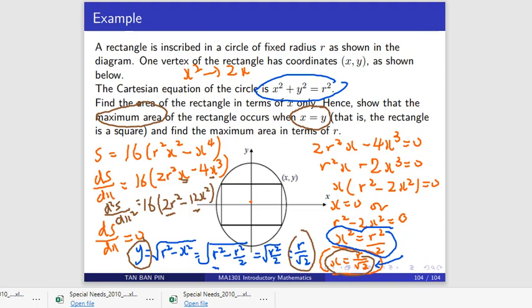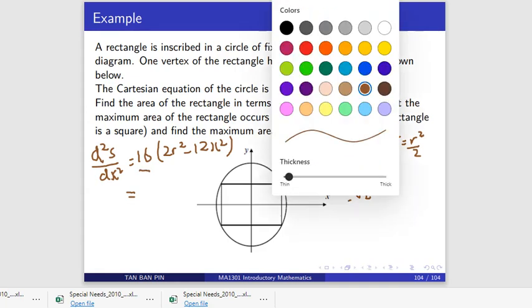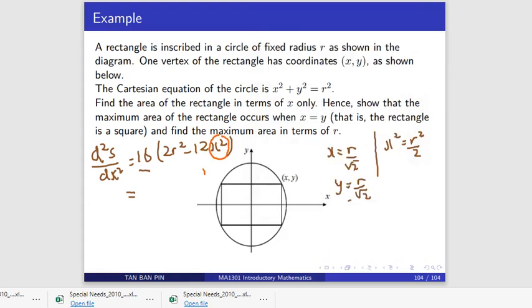So that means so far we have y is equal to x, and y is r over square root 2, x is r over square root 2. So we want to show maximum. And d2A/dx squared is 16 bracket 2r squared minus 12x squared. And the x squared you just replace by r squared over 2.